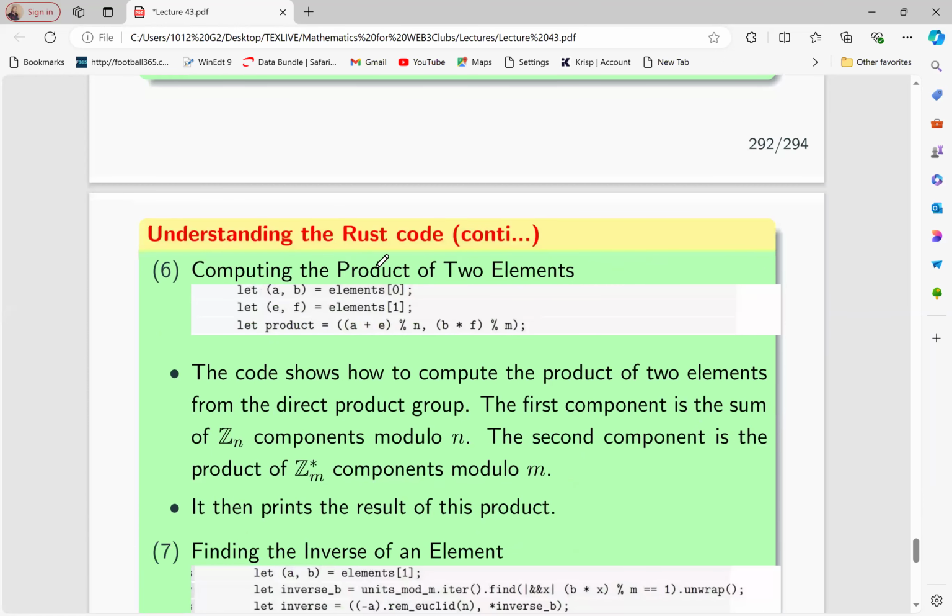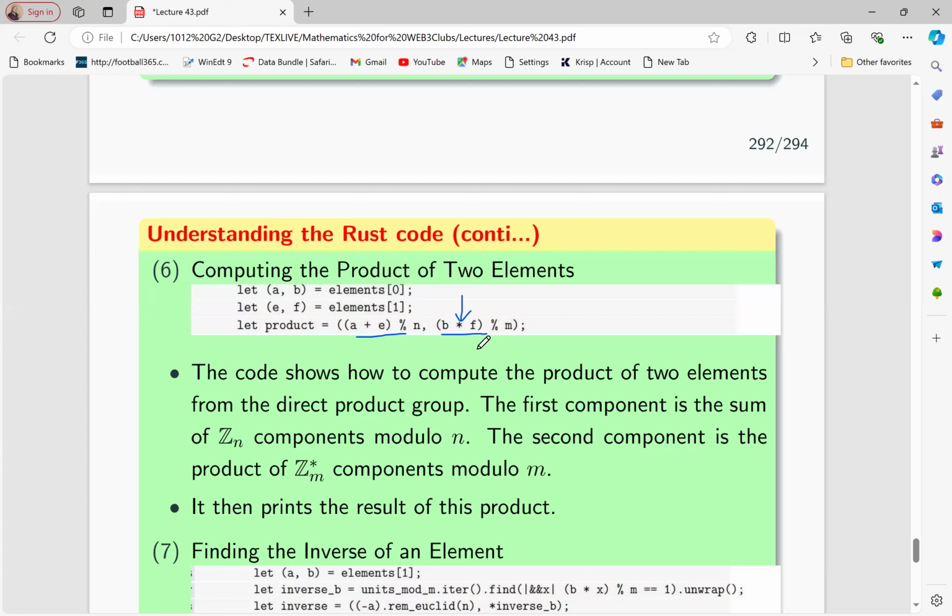Then when it comes to adding, it has to note that A and E are coming from the same group. The group is an additive group. And then B and F are coming from the same group, which is multiplicative. So it multiplies. This is multiplication. So it must note that the first two are coming from an additive group, and the second two are coming from a multiplicative group.